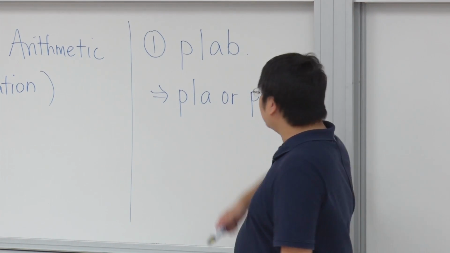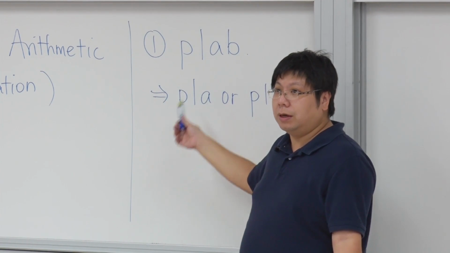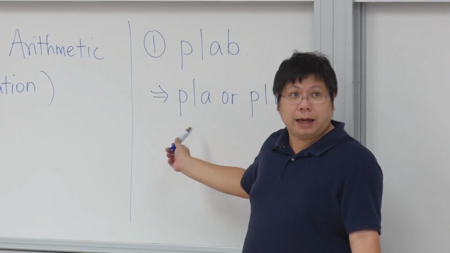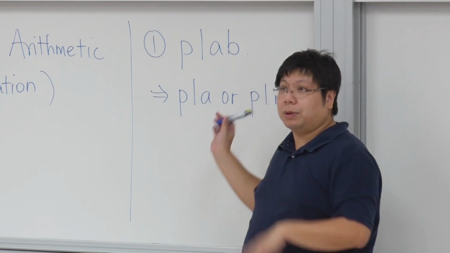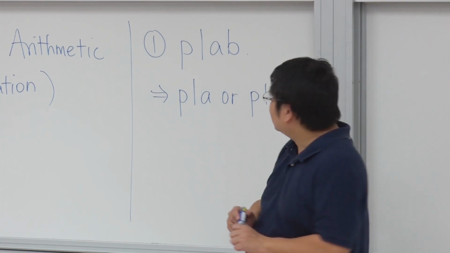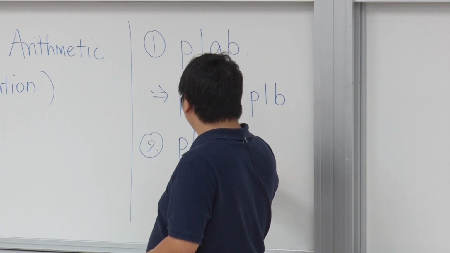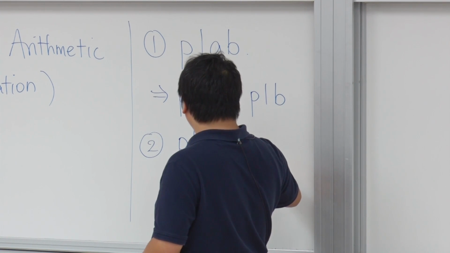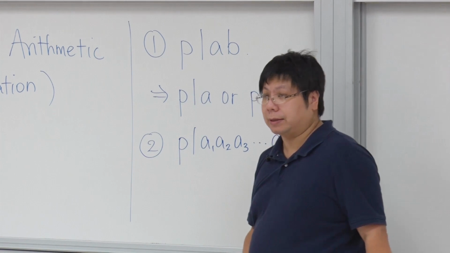Is that okay? So either P automatically divides A at the beginning, or in case P does not divide A, the common factor between P and A is exactly 1, so that we have P divides B. Is that okay? Okay. Now similarly, we can extend this. Suppose that P divides A1, A2, A3, up to AK, the product of these things.